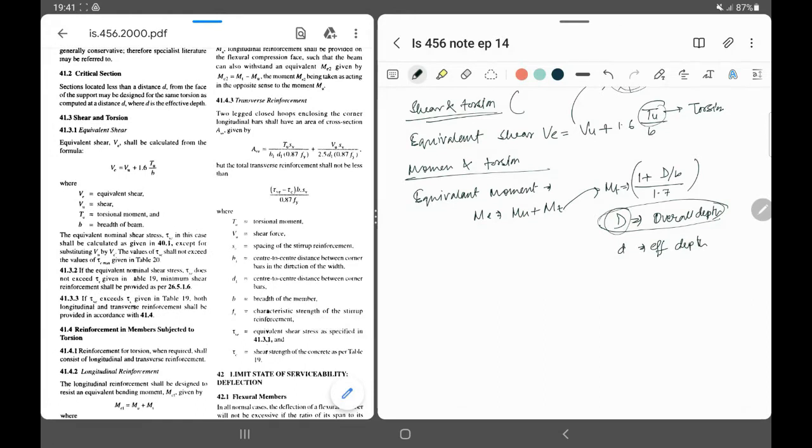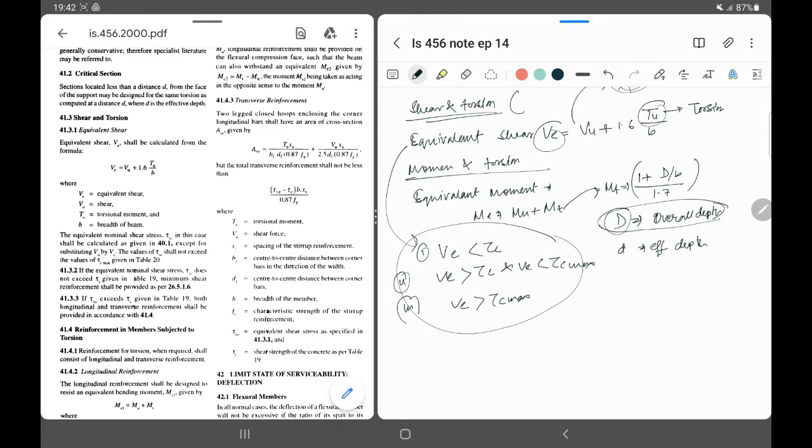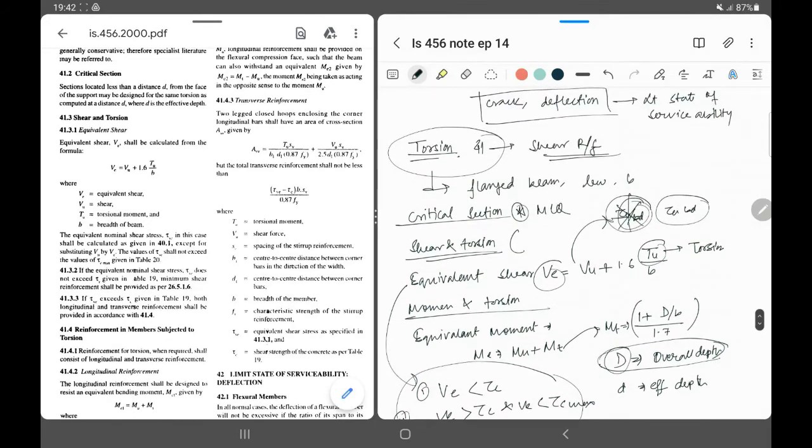The equivalent nominal shear stress tau in this case shall be calculated the same way, except for the substitution, and again you find VE. So from here you find three cases: case number 1, VE less than tau C; case number 2, VE greater than tau C but less than tau C max; case number 3, VE greater than tau C max. Again you have to find out these three cases and provide shear reinforcement, because torsion reinforcement comes within shear reinforcement.